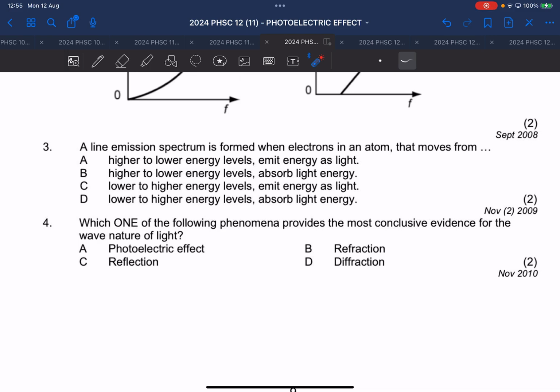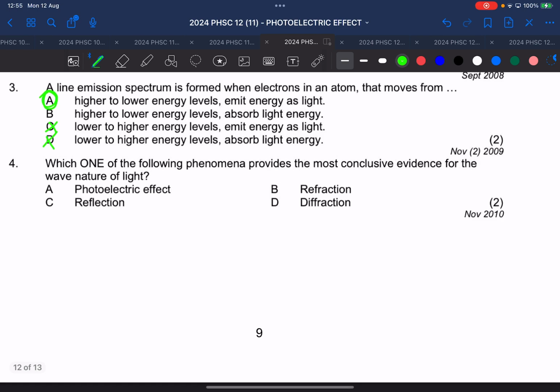So it's definitely not C or D. A or B. High to low energy level, emit energy or absorb energy? They emit energy. So it's A. Which one of the following phenomena provides the most conclusive evidence for the wave nature of light?